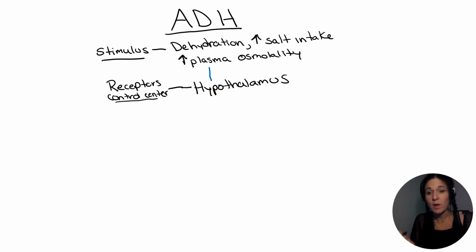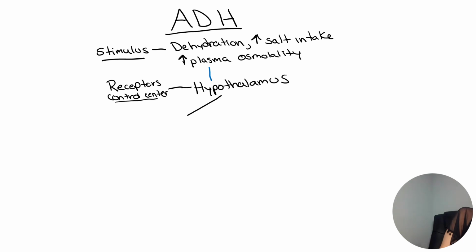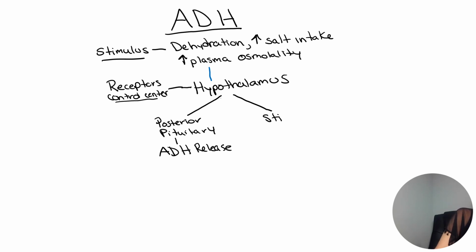And the hypothalamus is going to stimulate the release of antidiuretic hormone from the posterior pituitary gland. We're also going to have the stimulation of thirst.